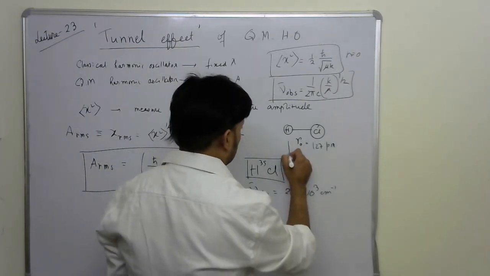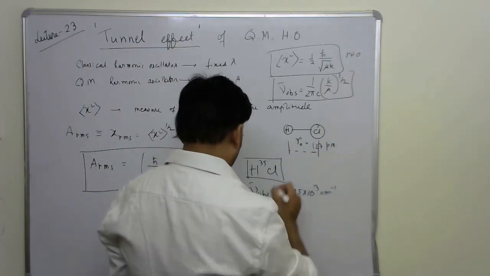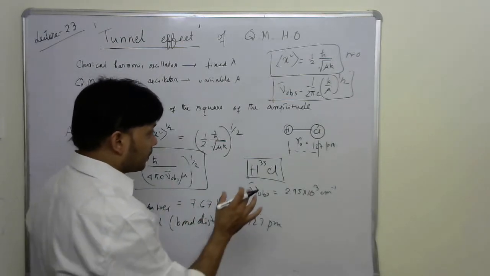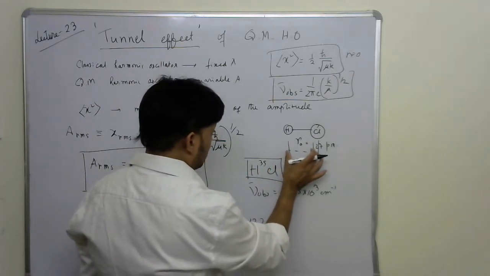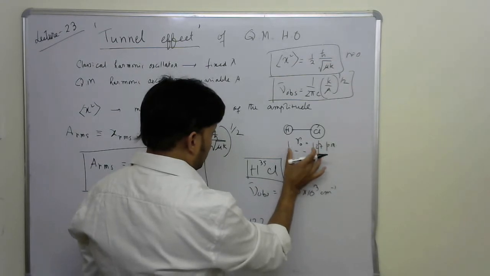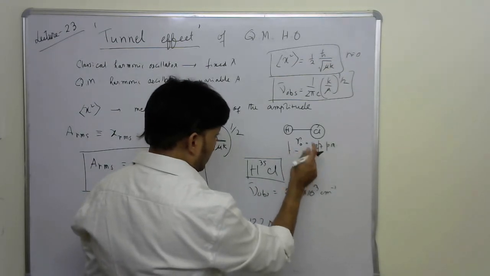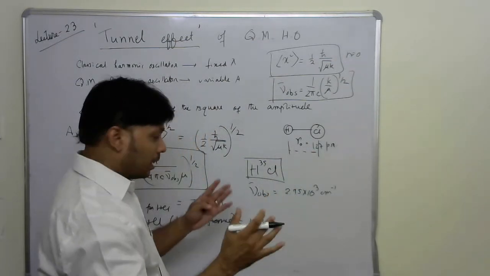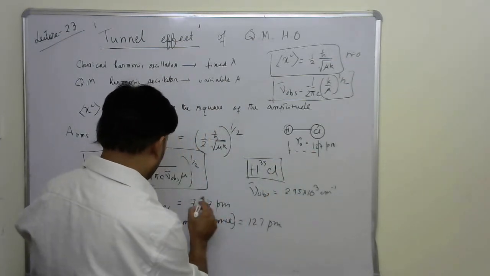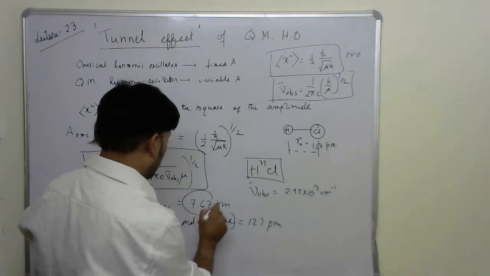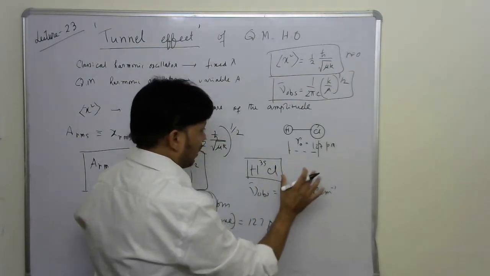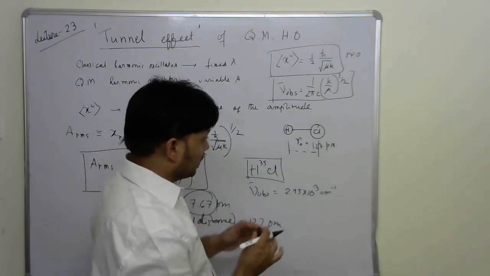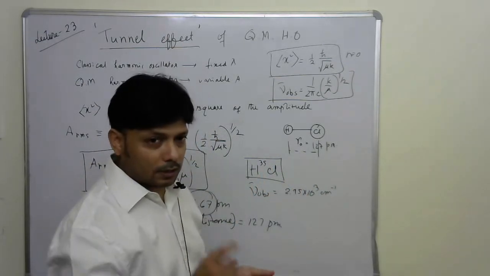Now, due to quantum mechanical tunneling, at its ground state this distance can stretch up to a certain value, which is 7.67 picometer, or around 6-7% of its total bond length. It can stretch that much in its ground state.